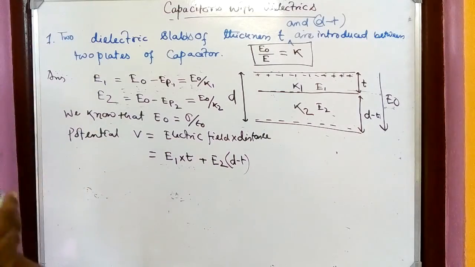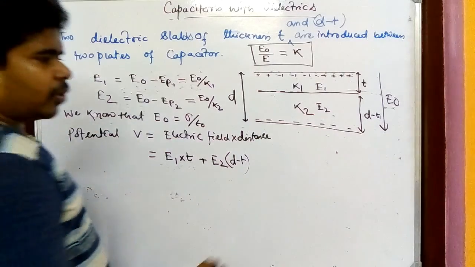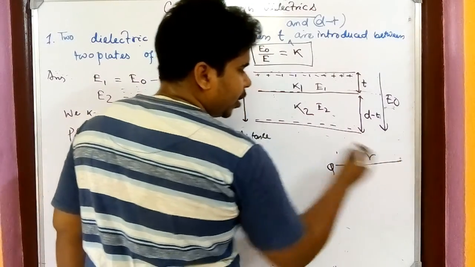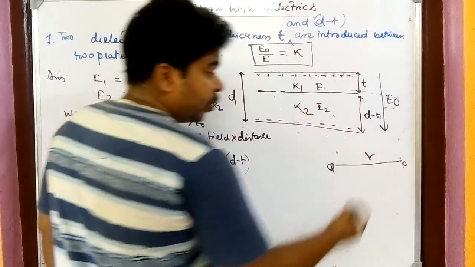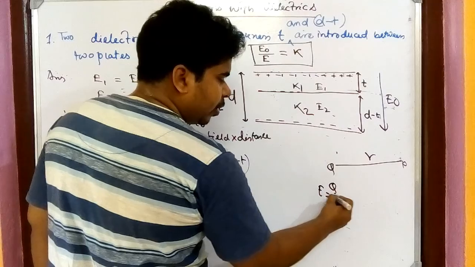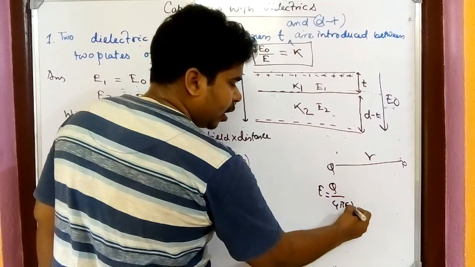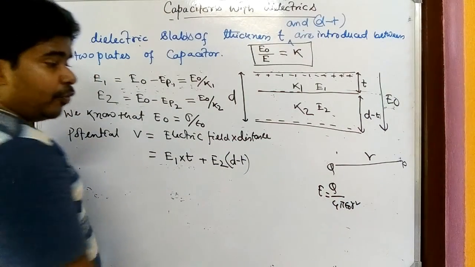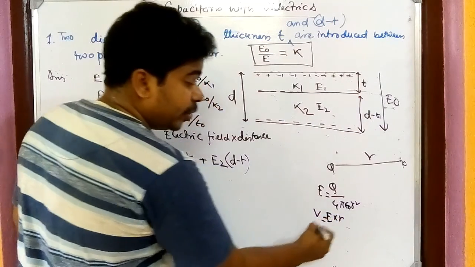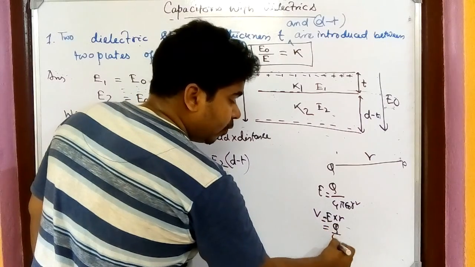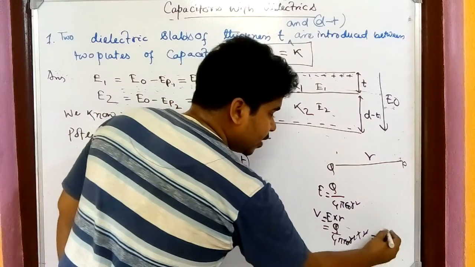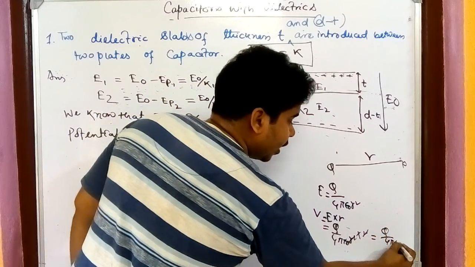Okay, if you want to see an example, I am telling you, for a point charge q at a distance r, you want to find the electric potential at the point P. You know the electric field E equals Q by 4 pi epsilon naught r square. And if you find the potential by multiplying E into distance, then it will be Q by 4 pi epsilon naught r square into r, so it is Q by 4 pi epsilon naught r.